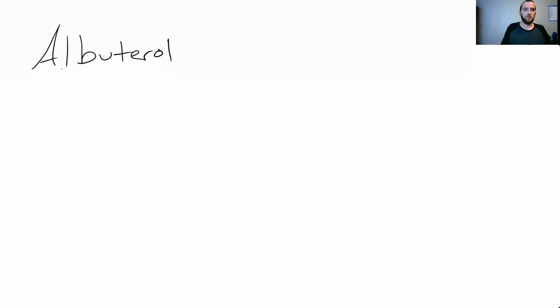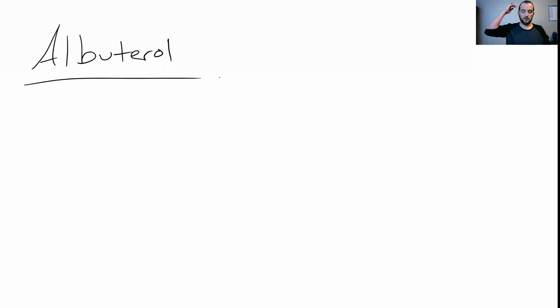But with albuterol, if we're looking at drug profiles and starting back at square one, we look at what class the medication is. Everything starts to make sense when you go all the way back to what type of medication it is, what is that class.